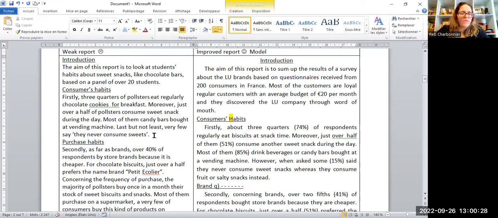Last but not least, very few say they can never consume sweets. So here we have the word say, and here we're going to be using the past, said. However, when asked, some, that's 15%, said, okay, they never consume. So it's improved, but I didn't want to change everything.